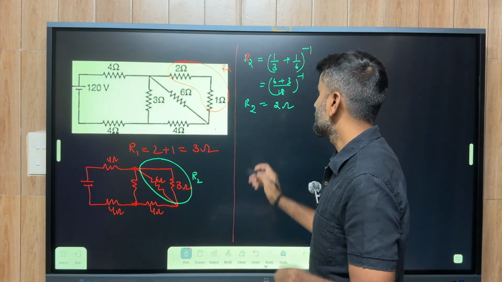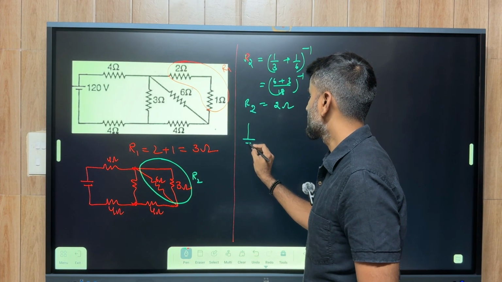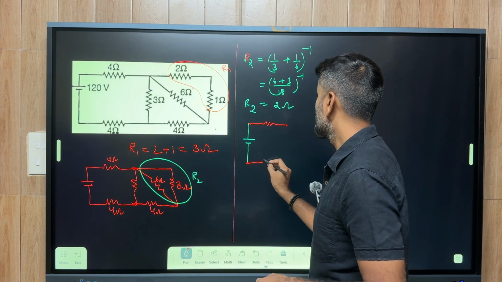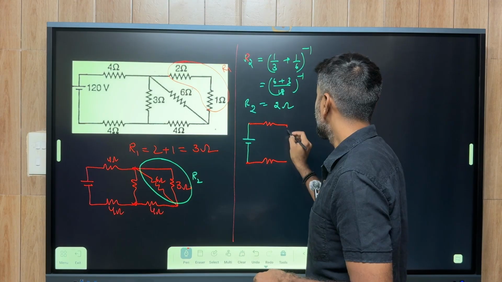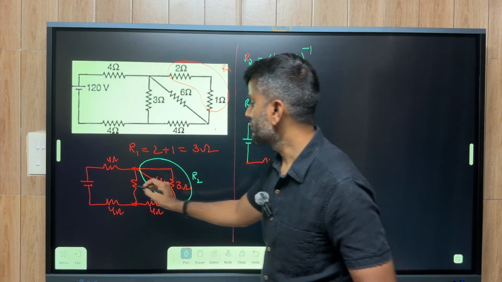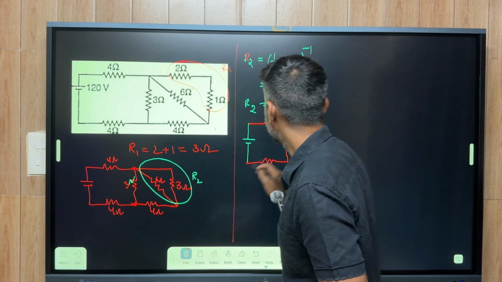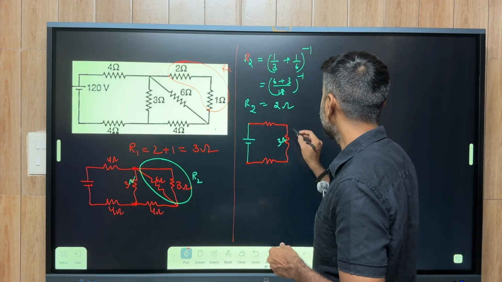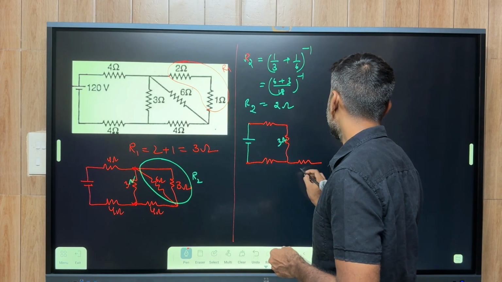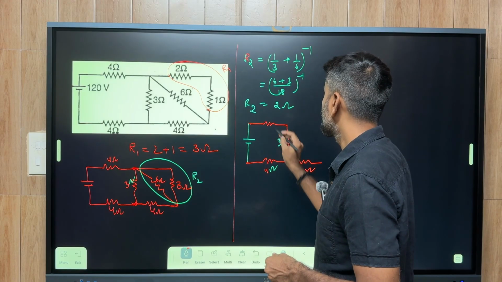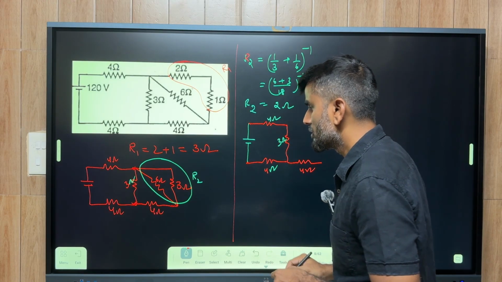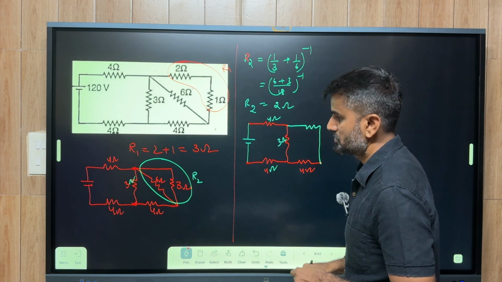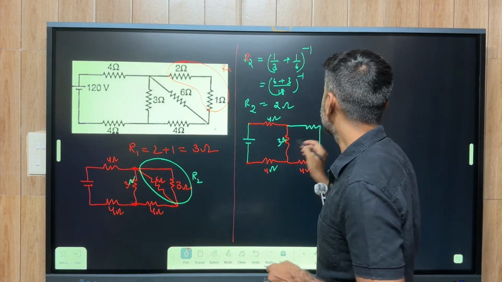Now the circuit has further simplified, something like this: 4 ohms, again 4 ohms, and here it is 3 ohms, and we have 4 ohms here, 4 ohms here, and we have one more resistance which is 2 ohms.